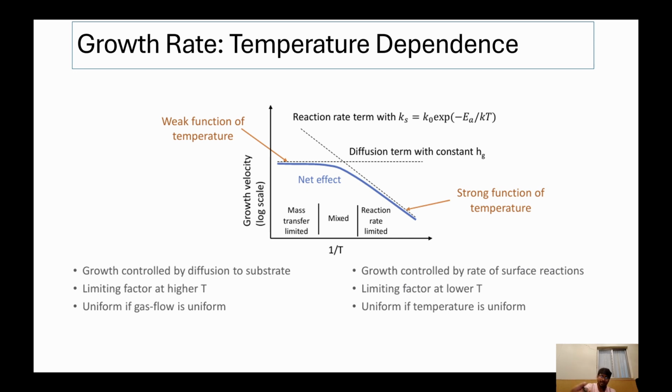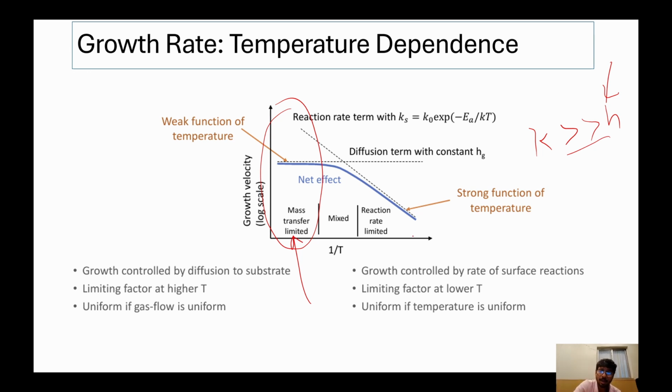So at higher temperatures, this is the range of the higher temperature, the reaction rate is much faster, that is K is greater than H. So this is limited by the diffusion. This is mass transfer limited or diffusion rate limited.